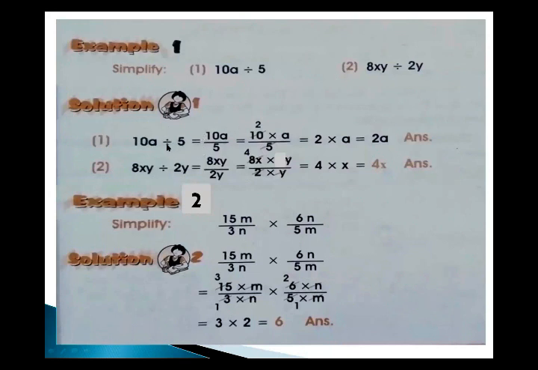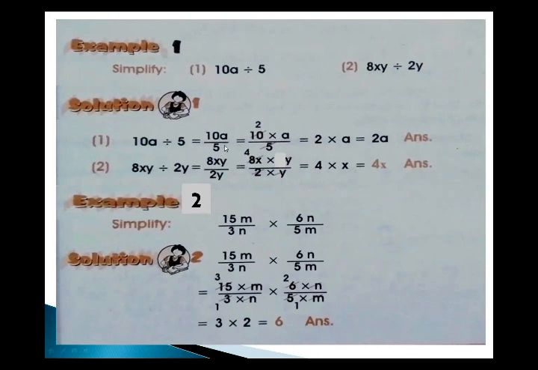The number written after the division sign we write as the divisor, as the denominator. The variable or number given before the division sign we write as the numerator. Then we write 10a, the divide sign, and then 5.